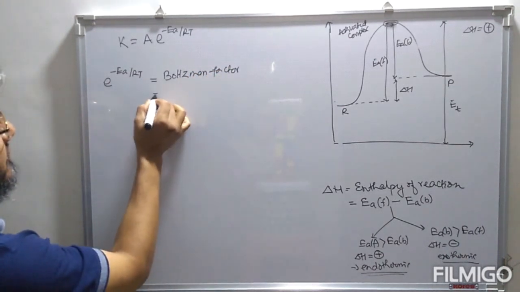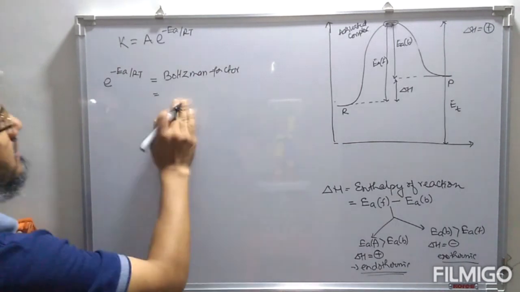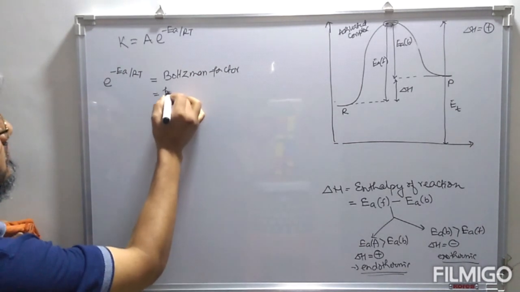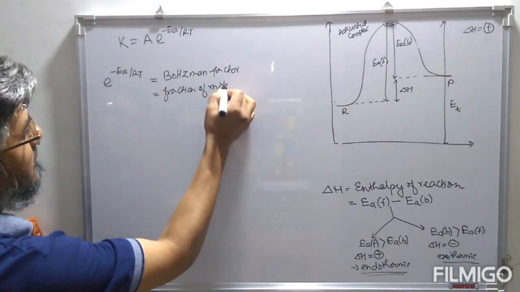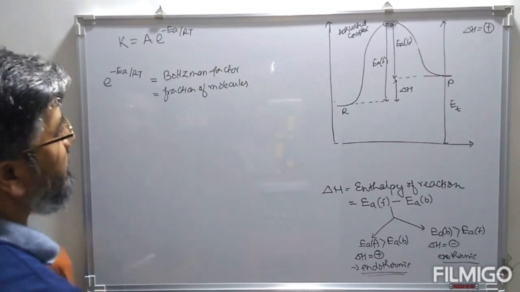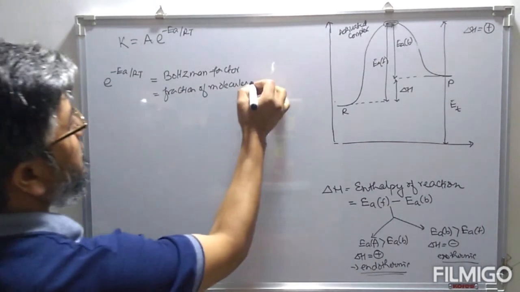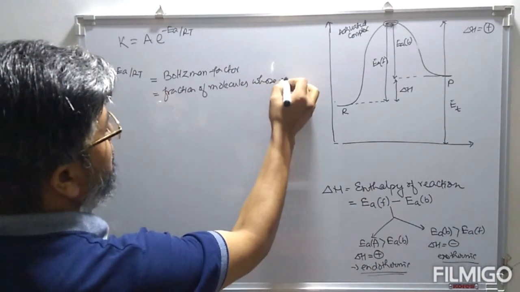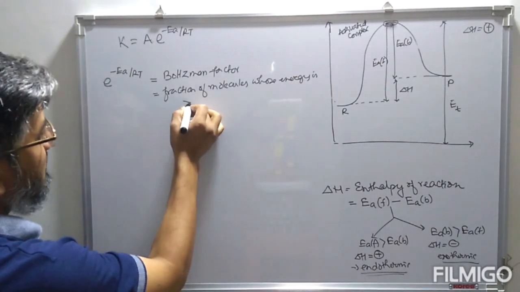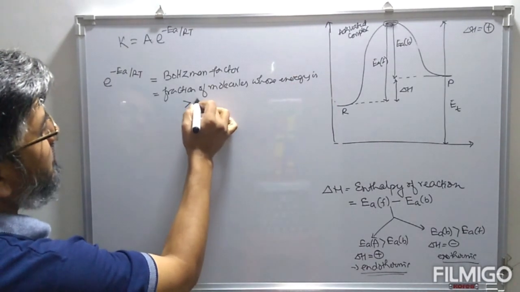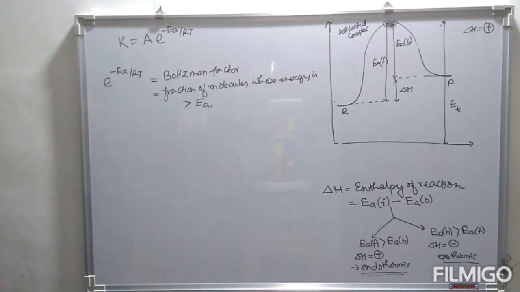This Boltzmann factor defines the fraction of molecules, meaning colliding molecules, whose energy is greater than the minimum energy, that is Ea.